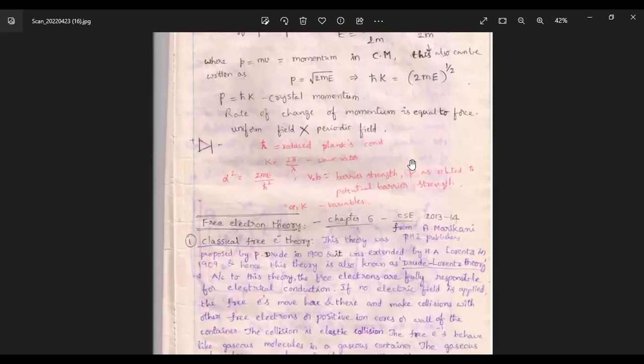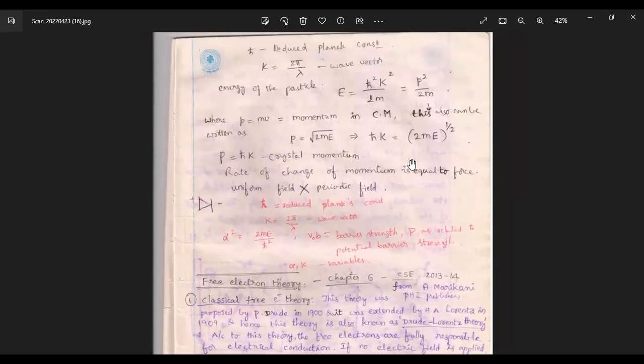Energy of the particle, from this Kronig-Penney model with what we derived, is E equal to h bar square K square by 2m, that is equal to P square by 2m. P is equal to mv, momentum in quantum mechanics, mass into velocity.